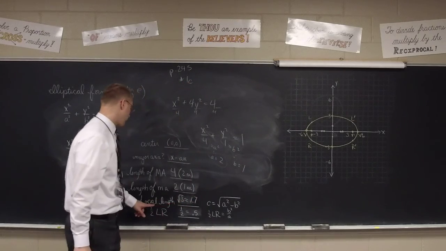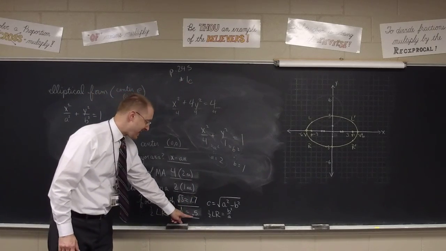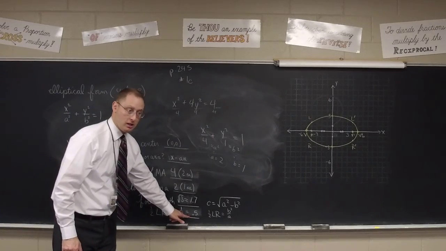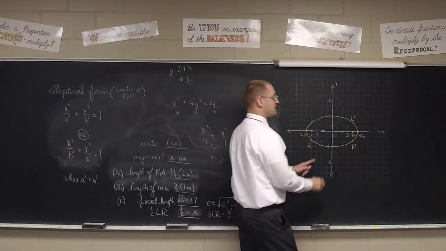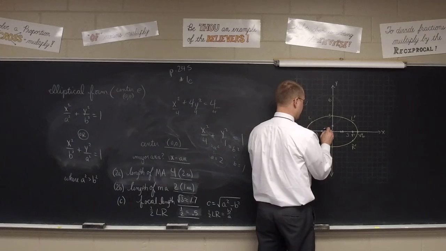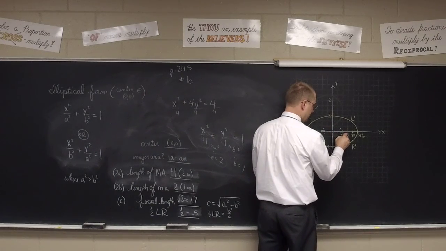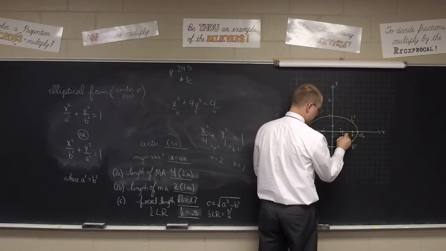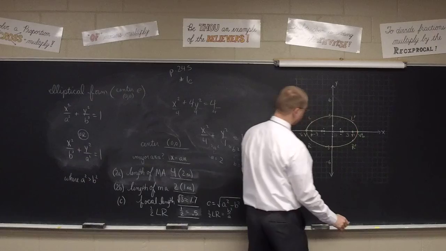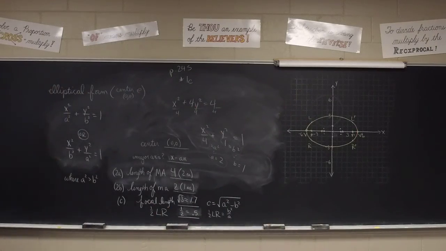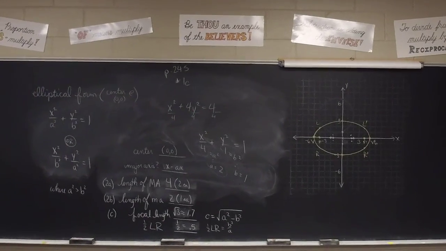And through the foci, we're going to go up and down a half, right? That goes perpendicular to our major axis. So we'll go up a half, down a half, up a half, and down a half. Zoom in just a little bit here.